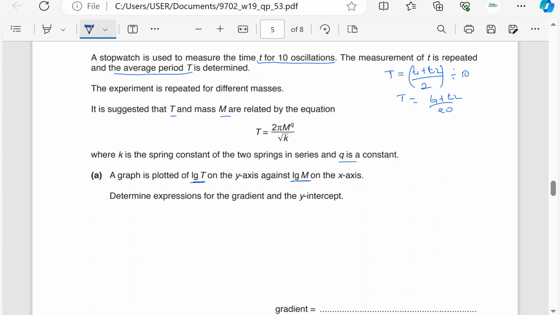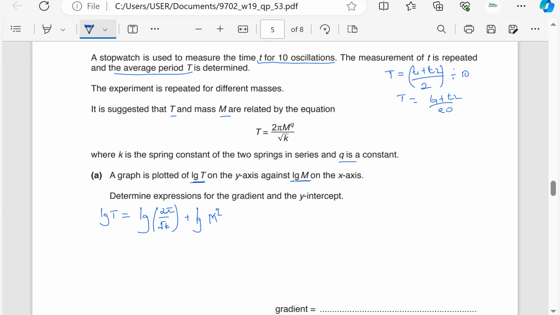So introducing log, this will be log of T equals log of, remember I need log M also, so I'll say log of 2 pi divided by root of K plus the log of capital M to the power Q. I just split this into two parts.